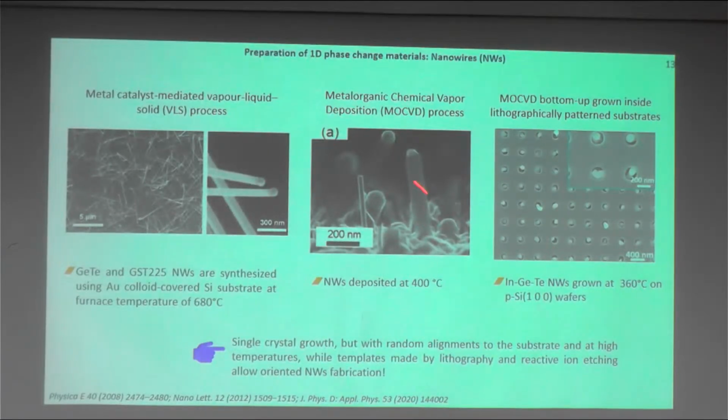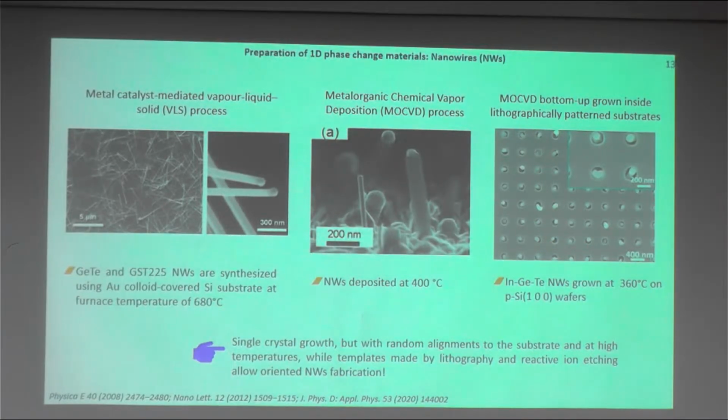Here, the size distribution is much larger, as in this case. Here, they are deposited at 400 degrees C. And also, you can use the MOCVD bottom-up approach to grow the nanowires inside of such holes here. So here you get much more oriented nanowires, as in this case.